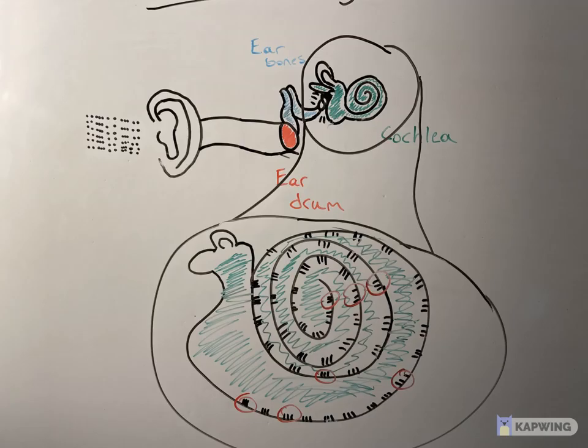Going back to the previous diagram, as we can see, with the cochlea in a seashell shape and it thinning out towards the end, this is how the brain tells the differences in the frequencies that we hear. The reason that the brain can tell the difference in frequencies is based on the shape of the cochlea.